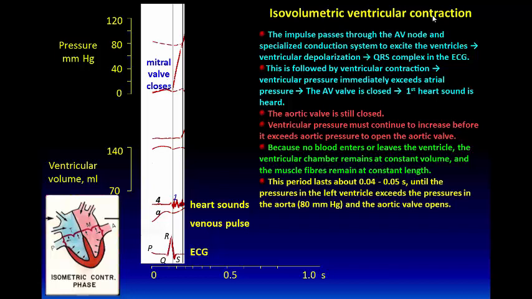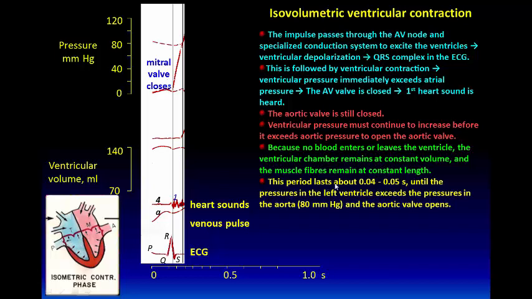The importance of this phase lies in the fact that since no blood enters or leaves the ventricles, and the ventricles continue to contract without shortening, the left ventricle generates pressure which is now enough to open the aortic valve, and the right ventricle generates enough pressure to open the pulmonary valve.